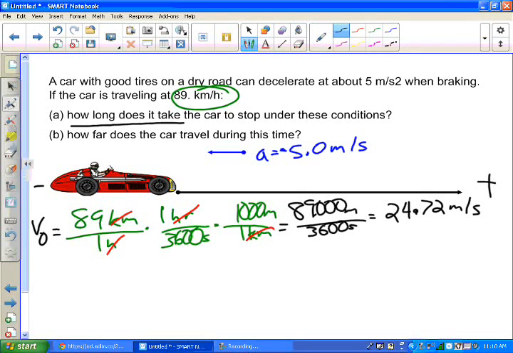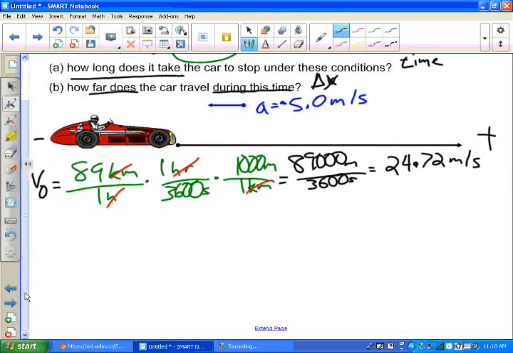Part A asks us, how long does it take for the car to stop under these conditions? So what we're going to do is figure out the time that it takes the car to stop. With an initial velocity of 24.72 meters per second, and an acceleration, or deceleration, of negative 5.0, I've got to pick an equation.